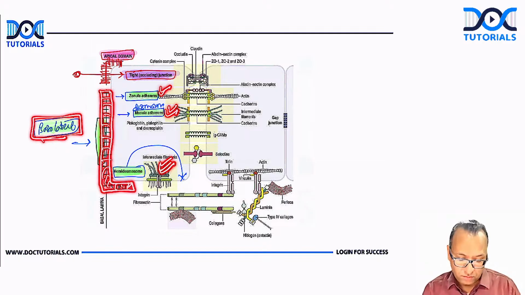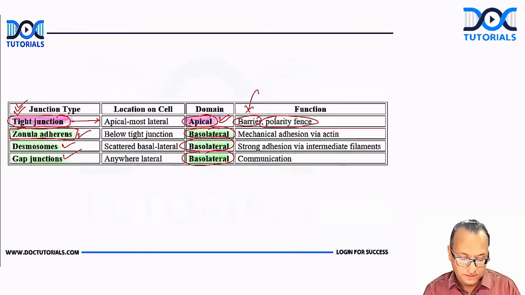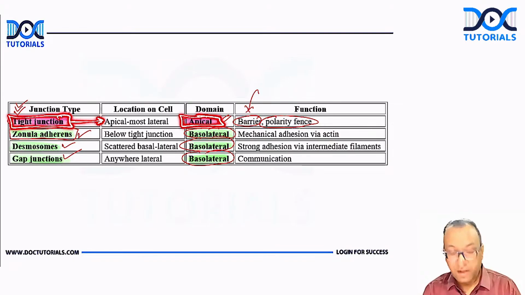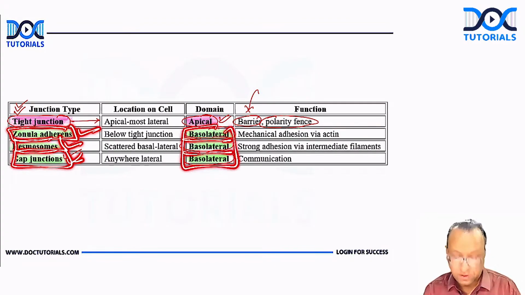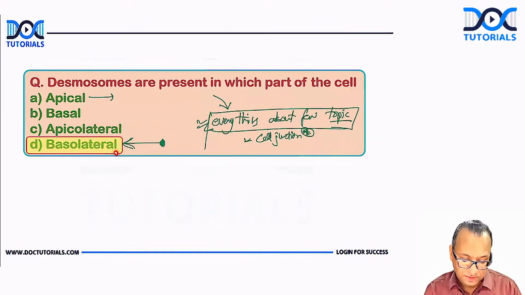Now, if you have this idea, you can look at this table also. Only for tight junction, you should say apical as the answer. Otherwise, whether you are talking about zona adherence or desmosome or gap junction, any of that, you should keep answering it as basolateral. And that is why in this question, we are keeping our answer as basolateral, because you are asking about desmosome.